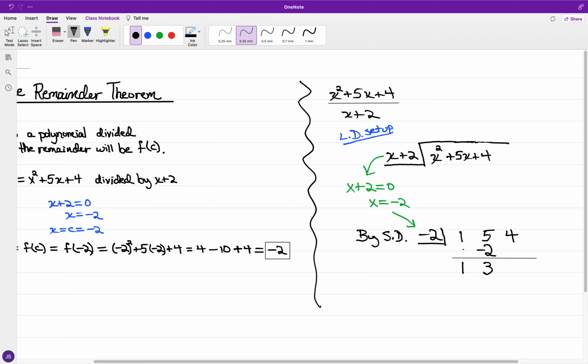Then negative 2 times 3 is negative 6, and 4 plus negative 6 is negative 2. In the results, we also arrive at the same remainder value of negative 2.